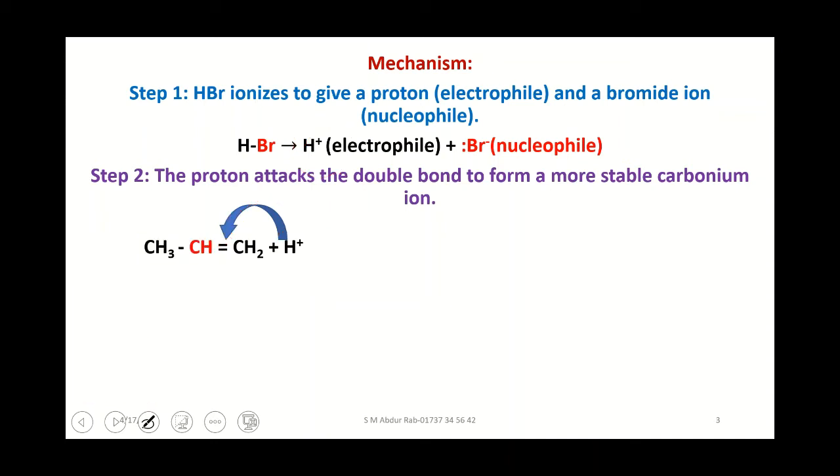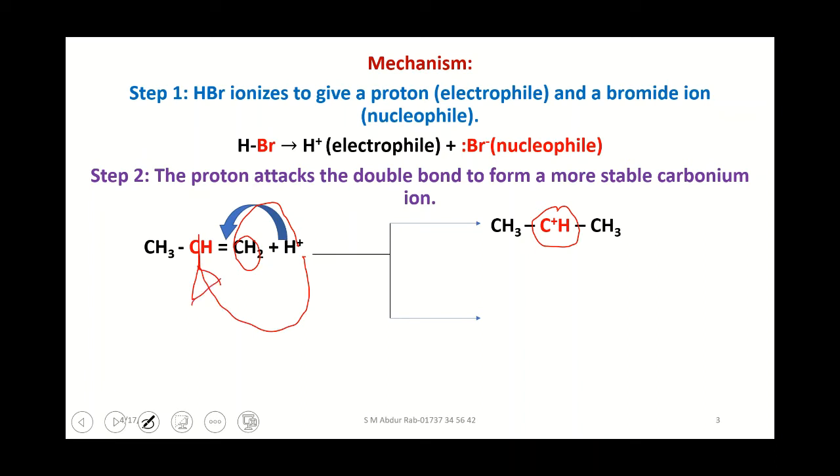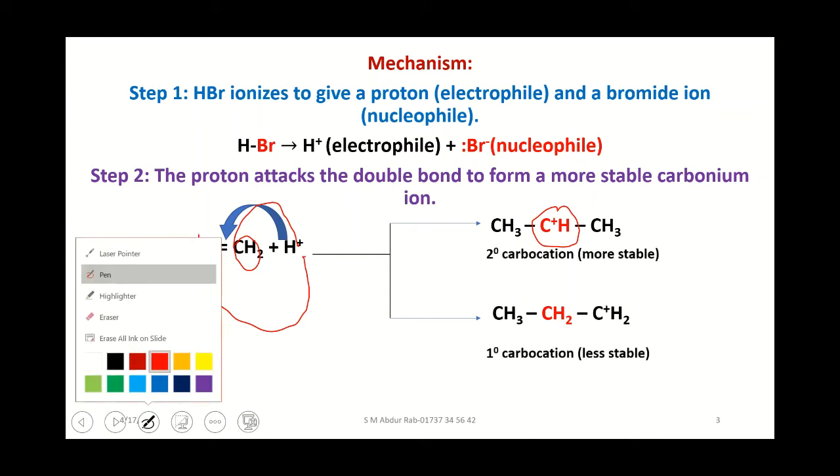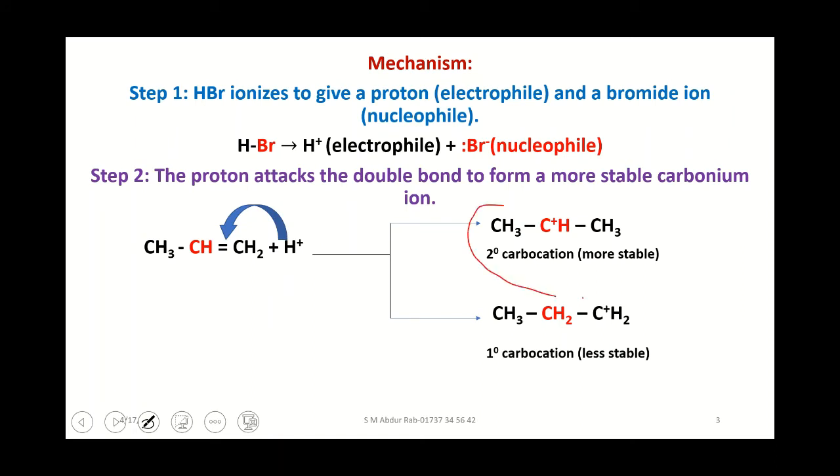When this proton attaches to the black colored carbon atom, it produces a 2 degree carbocation. On the other hand, when H plus attaches to the red colored carbon atom, it produces a 1 degree carbocation, and between 1 degree and 2 degree carbocations, the 2 degree carbocation is more stable. Now in the third step, the bromide ion, that is the nucleophile, attaches to the 2 degree carbocation, not the 1 degree.